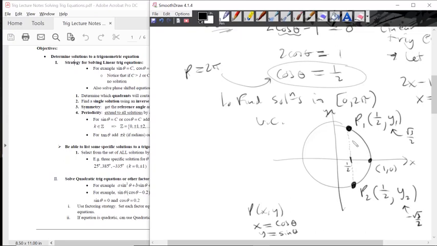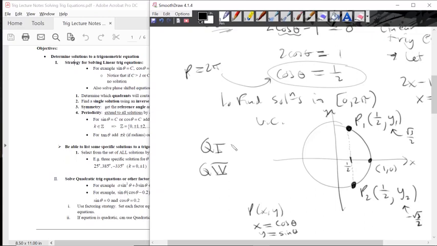So we're using geometry here in order to establish the quadrants in which we would find solutions. So in which quadrants do we find solutions to this equation? We find there's a solution in quadrant 1, and there's a solution in quadrant 4.